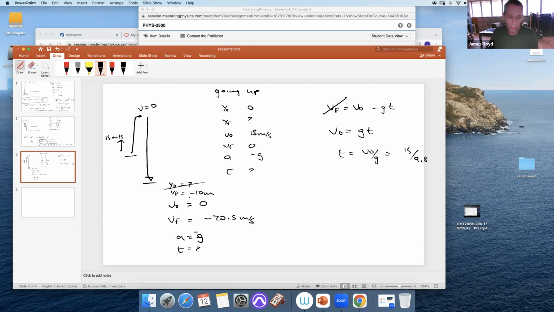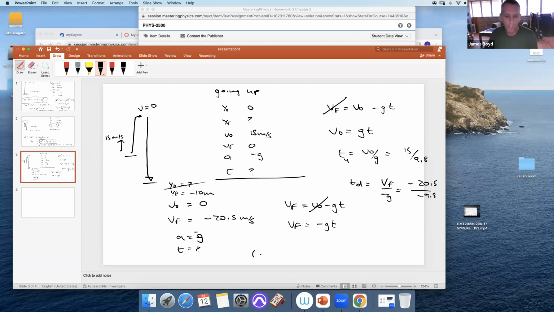Now, I actually don't know y initial, and so I can use this equation again with my new variables, and v initial is 0, so v final is negative gt, the time down is v final over negative g, which was negative 20.5 over negative 9.8. And adding those things together, the total time is 15 over 9.8 plus 20.5 over 9.8, or 35.5 over 9.8. You can add the top since they have a common denominator. And I get 3.62 seconds.